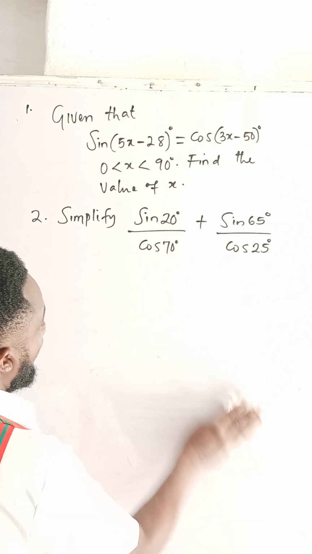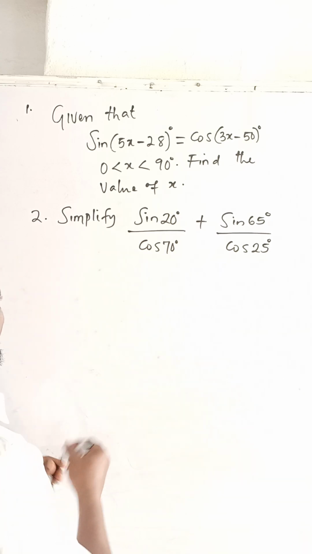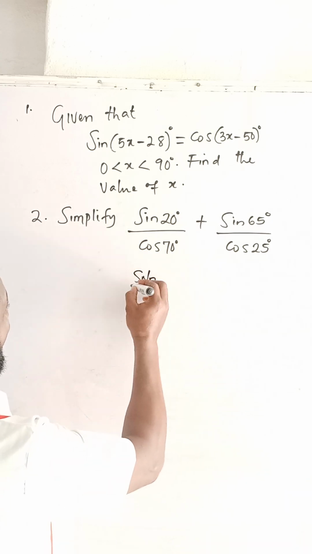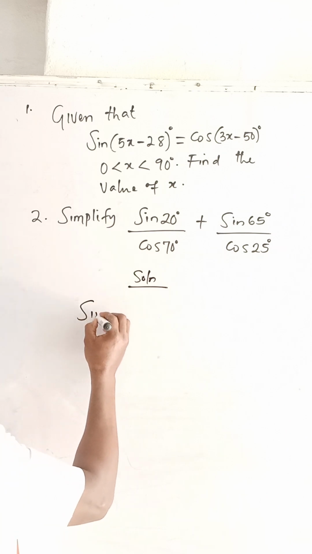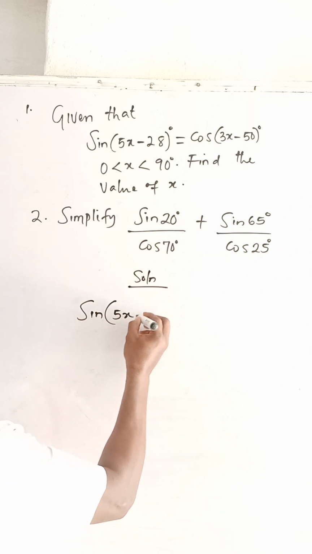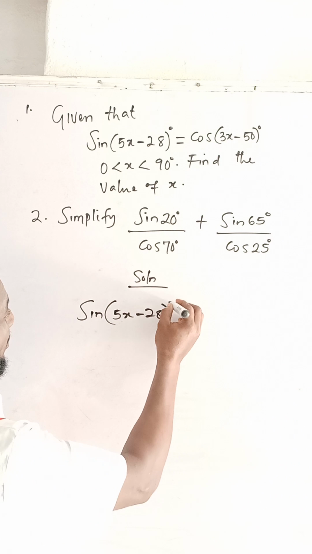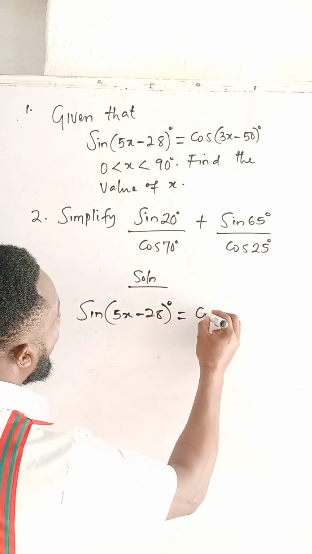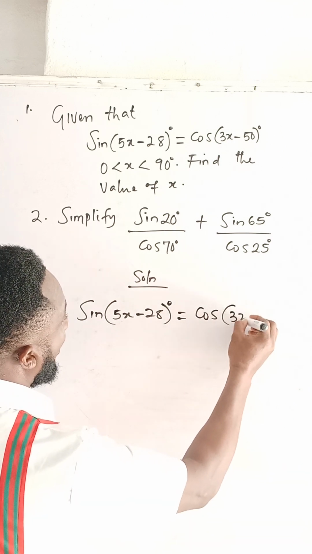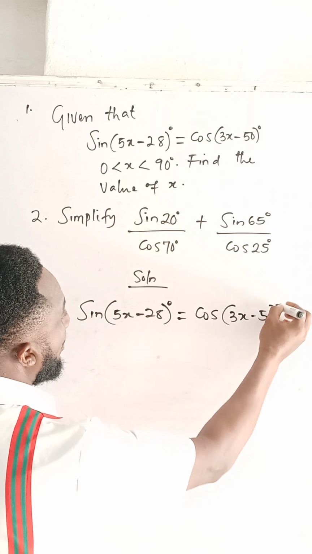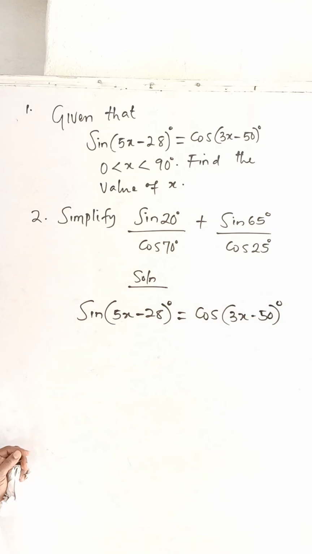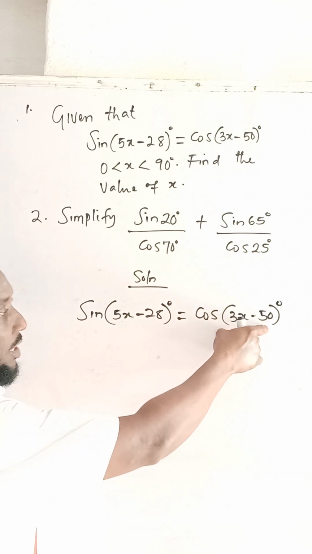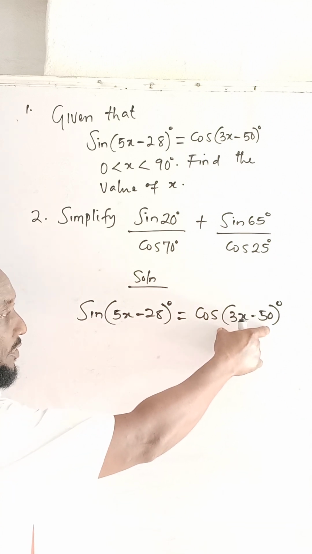Now, we have sine of angle 5x minus 28 degrees equals the cosine of angle 3x minus 50 degrees. With the property I demonstrated, I am going to find the complementary angle equivalence of 3x minus 50.